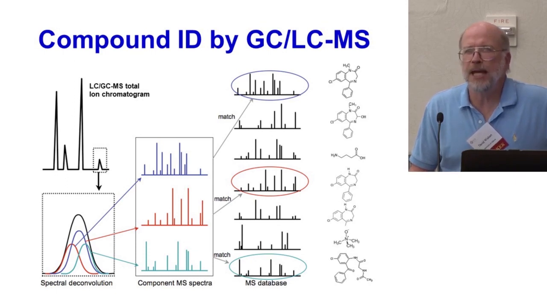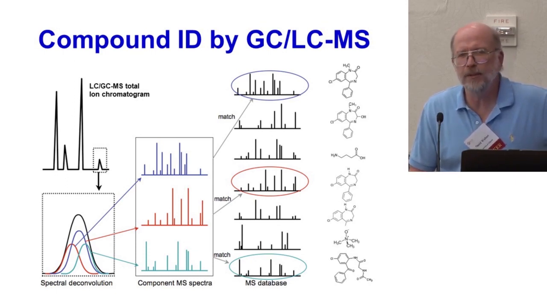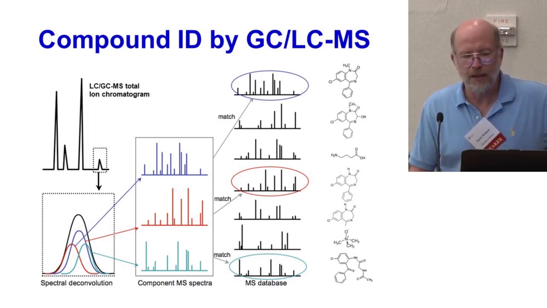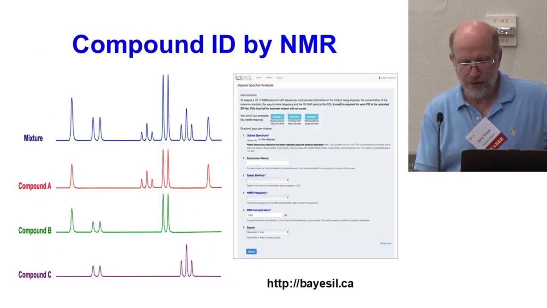And then you go and compare the mass spectra to a library. These libraries are essential, and this is essentially called spectral deconvolution. You compare the spectra and you try and match the spectra to this library of known compounds. And if you get an excellent match, then that's probably the compound. And so this can be done with both gas chromatography, MS, and liquid chromatography mass spec.